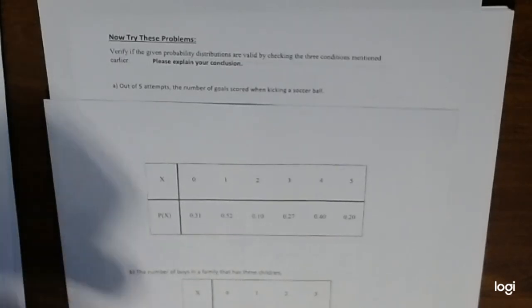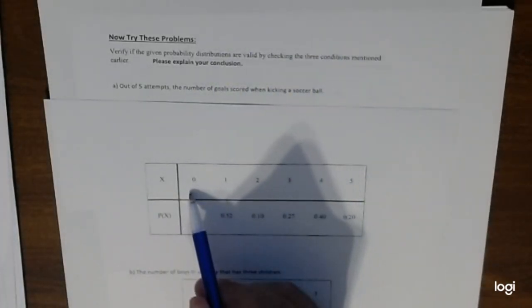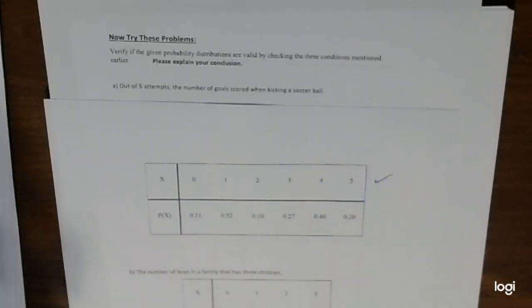Okay. So hopefully you guys tried them, and let's try these out together. Okay. So A says out of 5 attempts, the number of goals scored when kicking a soccer ball. All right. So good, right? You can have 0 goals or all 5. So check for the first one. Next one, if you add them all up, do you get 1? So let's see.